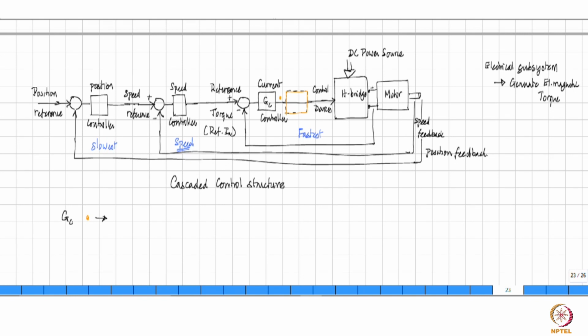The output of GC is going to determine how much voltage needs to be applied to the armature in order to get so much current flowing, right?